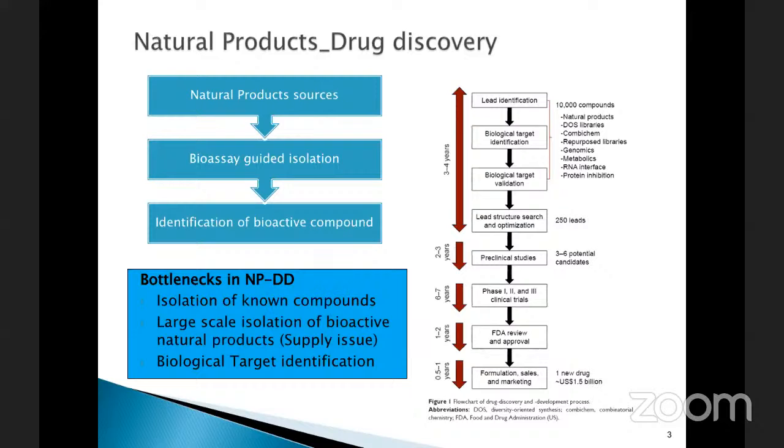Generally, it can vary on both sides, but around 10,000 molecules if you start with, which show the activity.